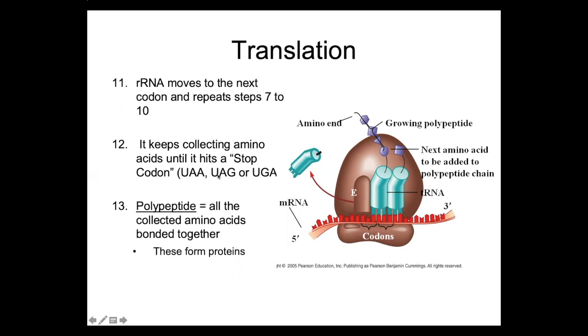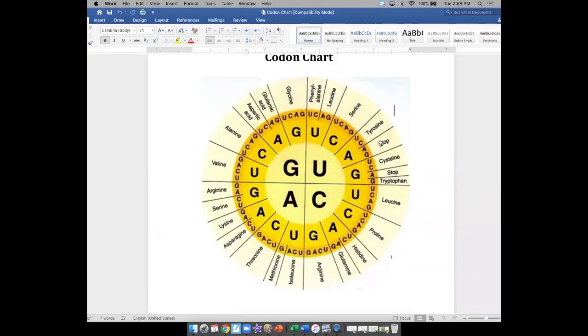And you reach what we call a stop codon. We have 3 of them, by the way: UAA, UAG, and UGA. UAA, stop. UAG, stop. UGA, stop. They all just tell you you are done. It's like the period at the end of a sentence.